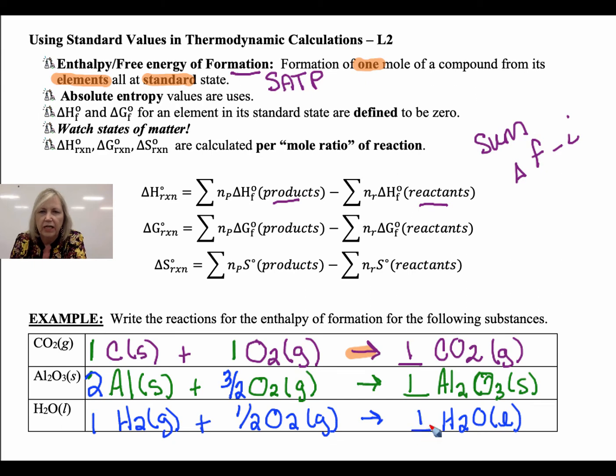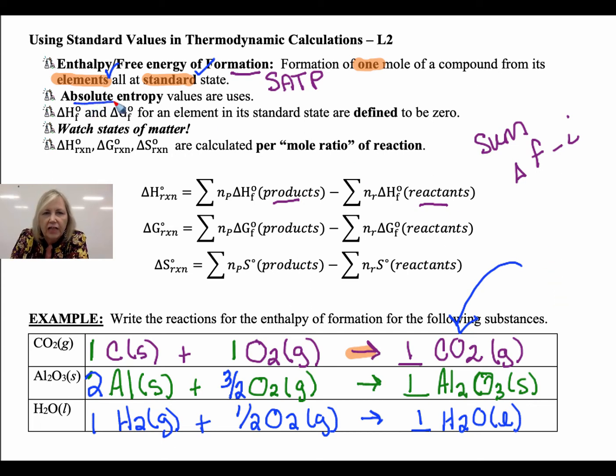So all of these are 1s from their elements and their natural state at standard ambient temperature and pressure. Now, these values are compiled in appendices of textbooks or online, as are the next one.